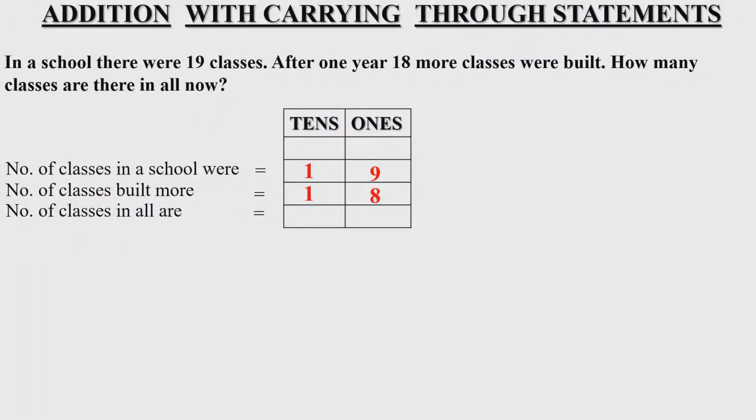Firstly, we will arrange these numbers in the column of tens and ones. Then add the digits of ones column first, which are 9 and 8. So keep 9 in your mind and count 8 forward to 9.